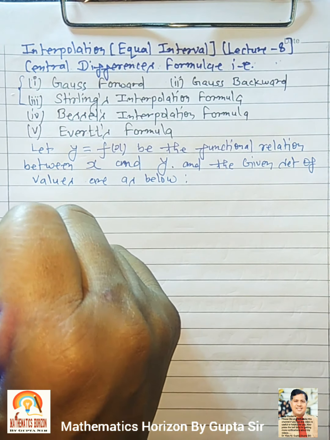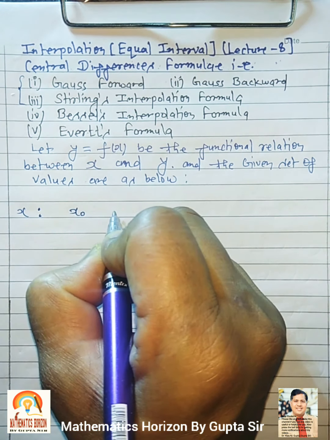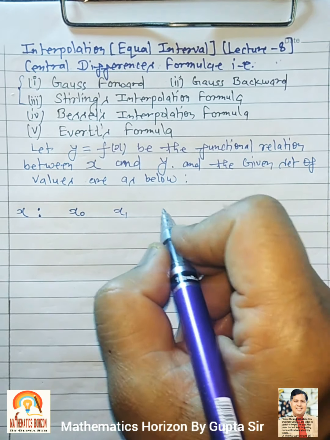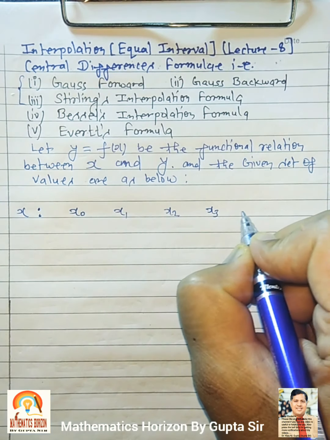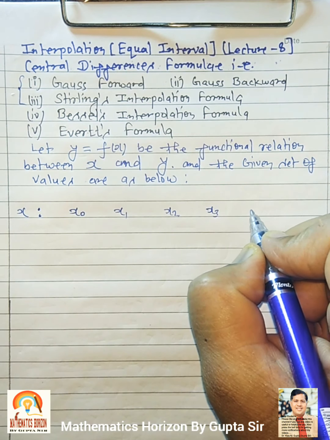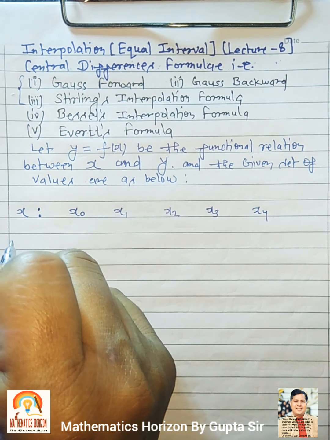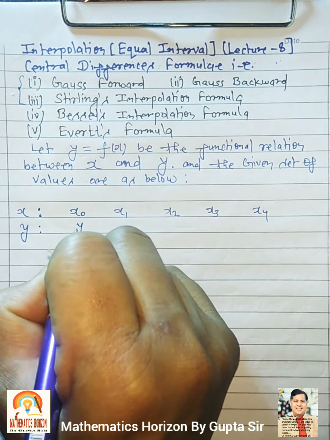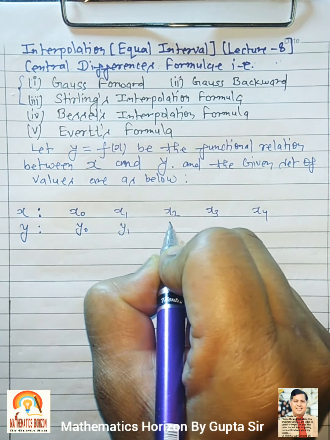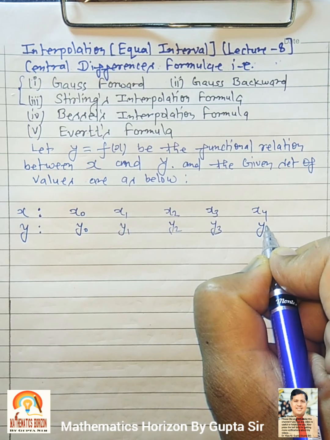Suppose these are the given set of values of x: x0, x1, x2, x3, and x4, and these are the corresponding values of y: y0, y1, y2, y3 and y4.